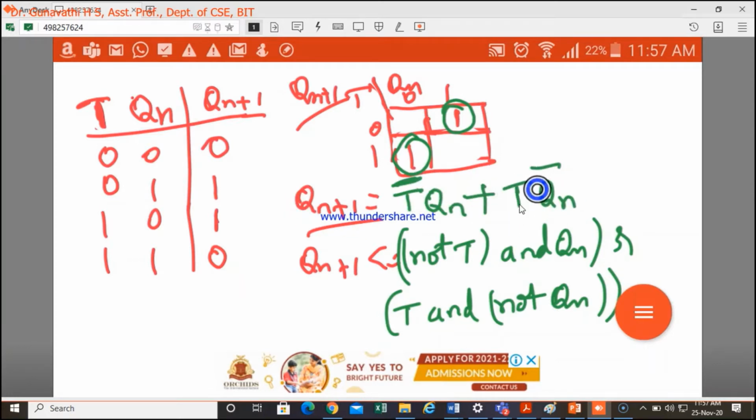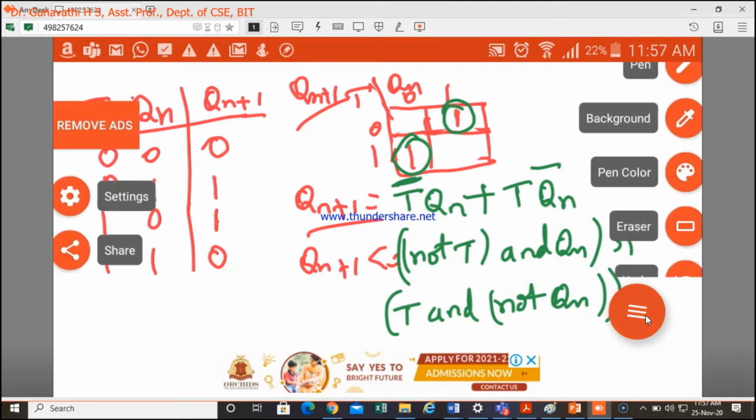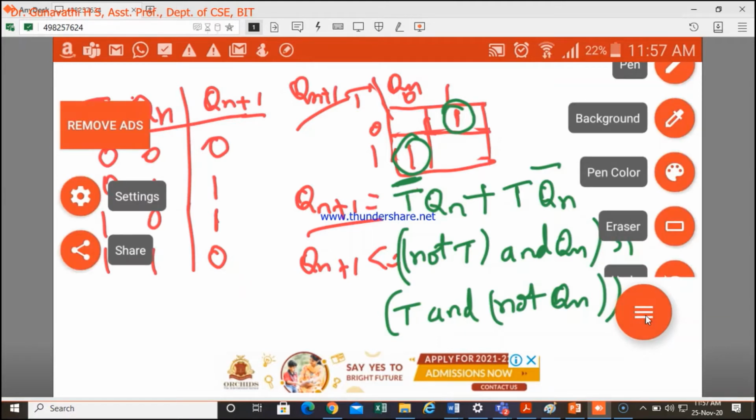Where we can use this equation is in order to implement this in the HDL. It need not be in VHDL alone, it can be in Verilog as well. But right now you are learning VHDL. That's the reason I have written the VHDL code for the T flip-flop. So any doubts in this? Fine.